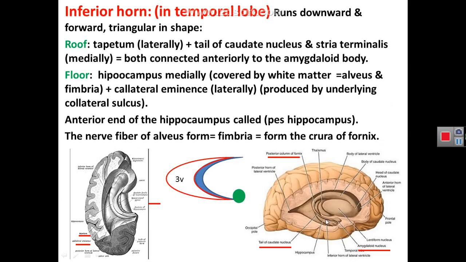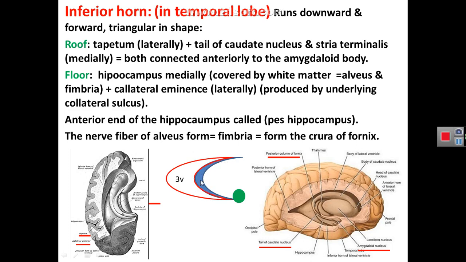The inferior horn, which lies in the temporal lobe, extends downward and forward into the temporal lobe. This figure shows the configuration of the ventricular cavity, which is bounded by the red line. And you can see the crescent, which is represented here in blue, representing the caudate nucleus.